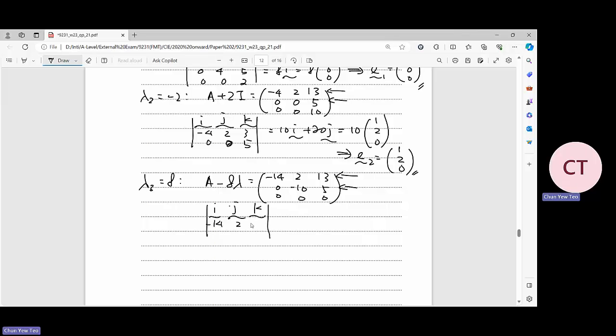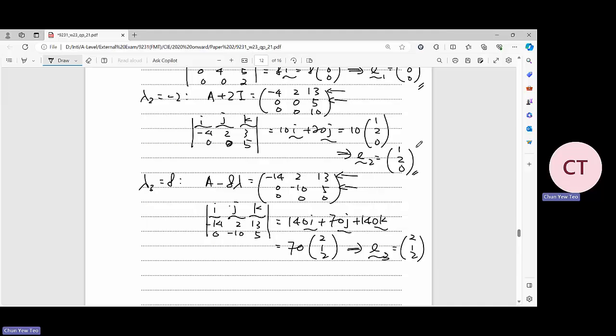Negative 14, 0, 0, then 2, negative 10, and 0. Do the cross product, you will get 140i plus 70j plus 140k. This can be divided, it is a multiple of 70. So I just take the 70 out, you get (2, 1, 2). So my eigenvector number 3 will be (2, 1, 2).